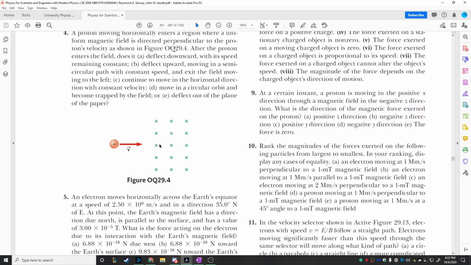Is it going to deflect downwards, upwards, into the page, out of the page? Can you answer in the chat what you think it is? If you don't know, it's fine, but think about it. When it comes into this magnetic field, what direction does the force act?